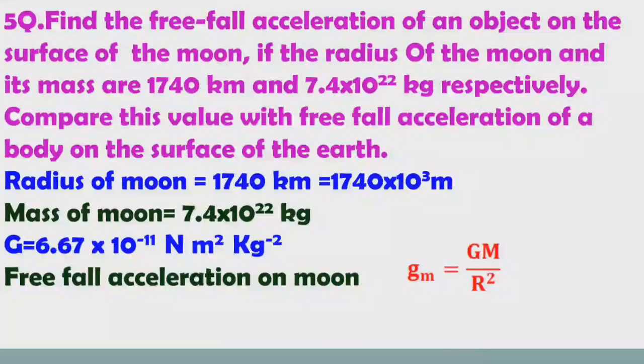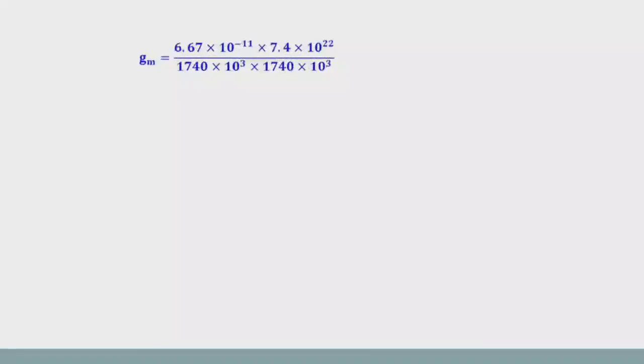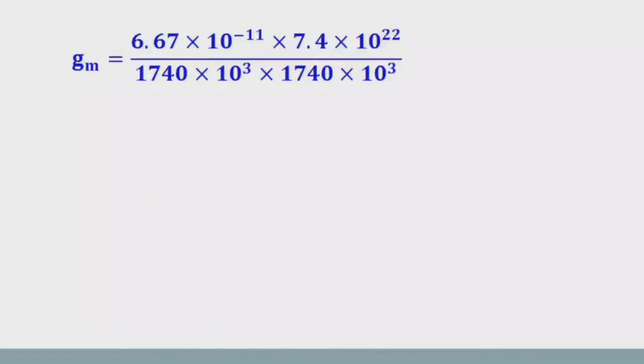By substituting the values in the formula, we will get Gm is equal to capital G, 6.67 into 10 power minus 11, and the mass of the moon, 7.4 into 10 power 22, divided by the radius of the moon, 1740 into 10 power 3. R square is there, that's why we are writing twice: 1740 into 10 power 3 into 1740 into 10 power 3.